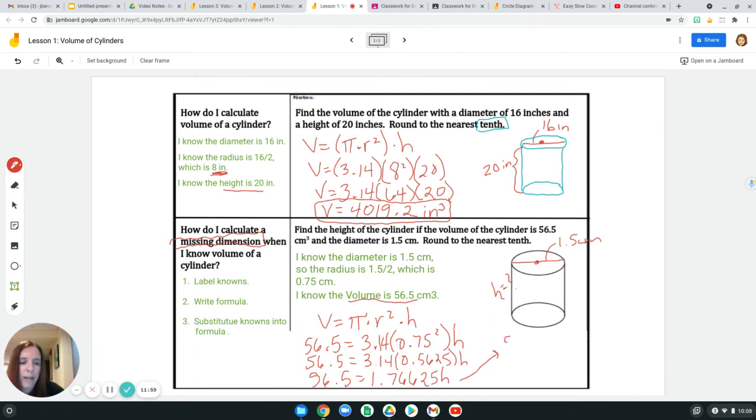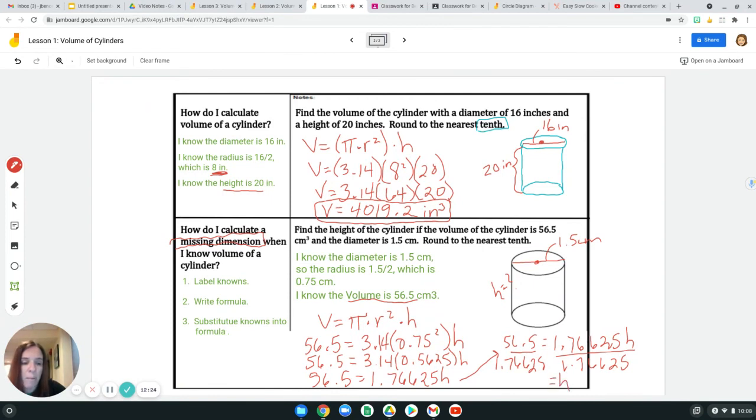And then to solve for h, we have to divide both sides by that long decimal, 1.76625. Remember, save your rounding for the very end, okay?